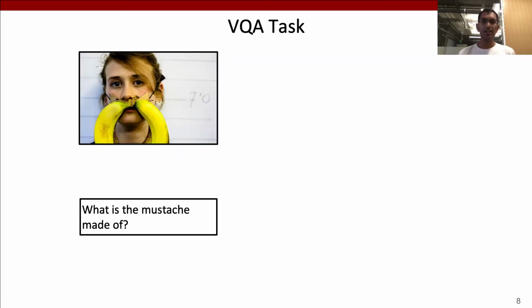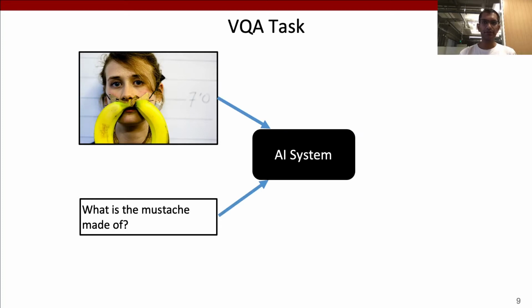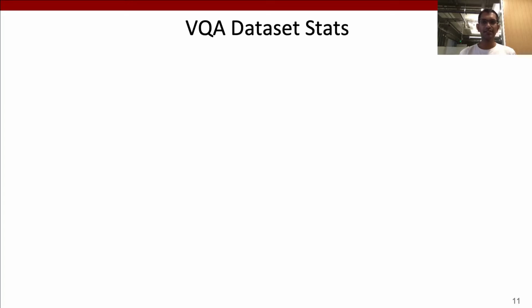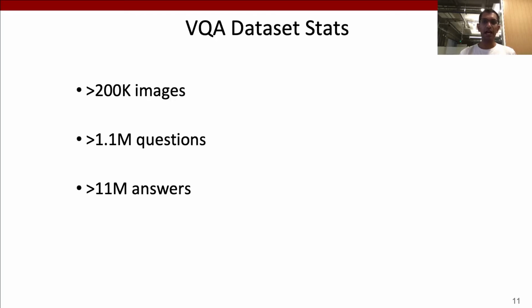Given an image and a natural language open-ended question such as "what is the mustache made of", the task for an AI system is to generate a natural language answer such as "bananas". The VQA dataset contains more than 200,000 images from COCO, more than 1.1 million questions, and more than 11 million answers.